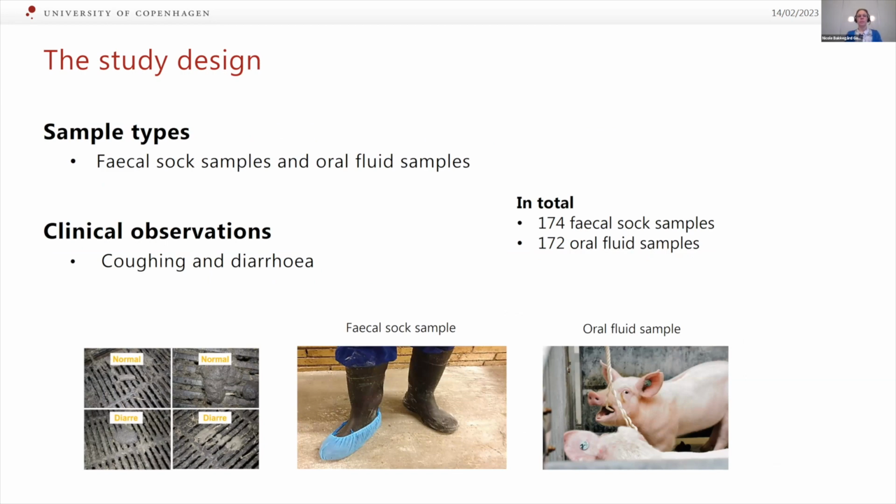The oral fluid samples were collected by hanging a rope in the pen for approximately 30 minutes, and then the pigs were able to chew on it. Furthermore, at each sampling, clinical signs such as coughing and diarrhea were observed and registered, and based on these clinical observations, a so-called coughing event and a diarrhea event were calculated.